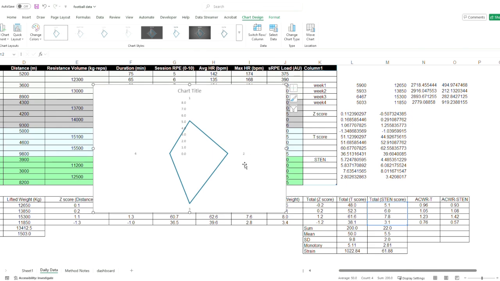Now you have all combined standard scores from monthly training loads regardless of the measurement units.